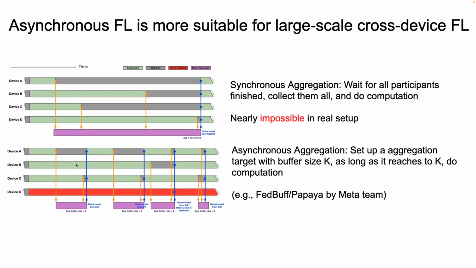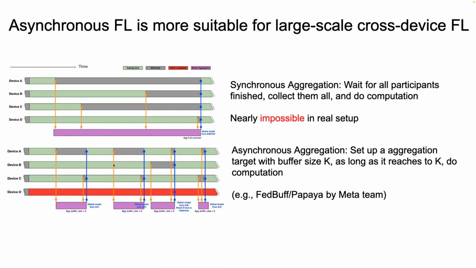But device B, which never finished, doesn't terminate its work. It continues updating the model that it has been working on, ignoring the recent update. Why? Because maybe this user can contribute in a future round. If at each round you make it synchronous, and once the buffer is full you send the aggregate model to everybody and they terminate and work on updating based on the new weights, then a slow device will always be slow and will never be able to contribute.